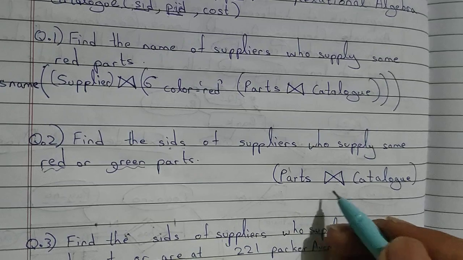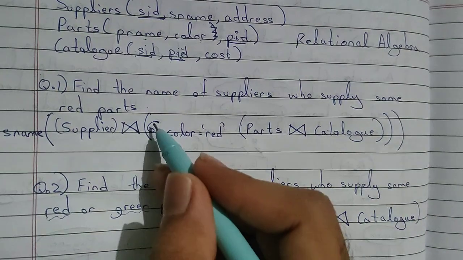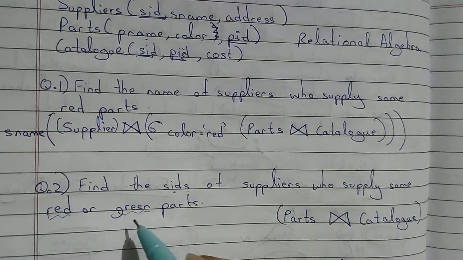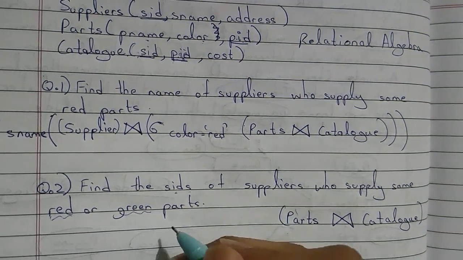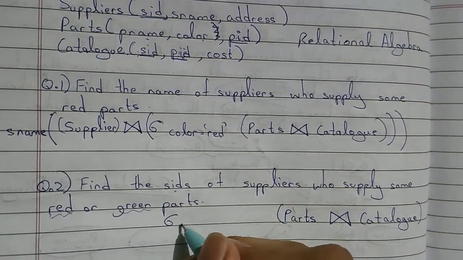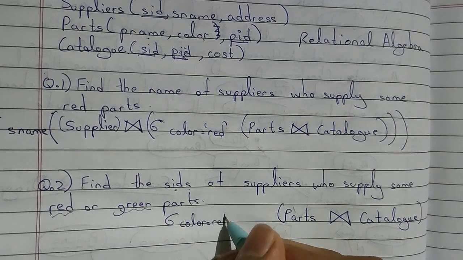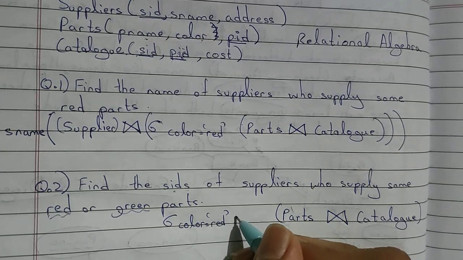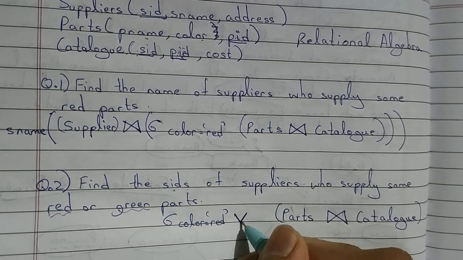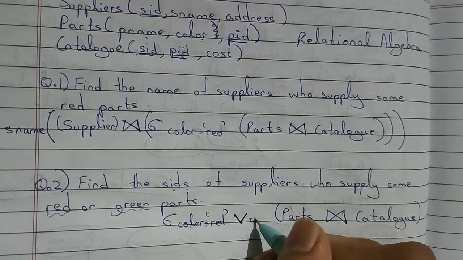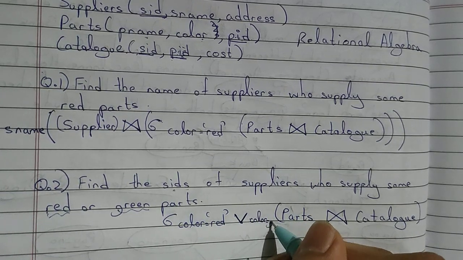Now we need to select those records whose color is red, or we can use this symbol for or, whose color is green.